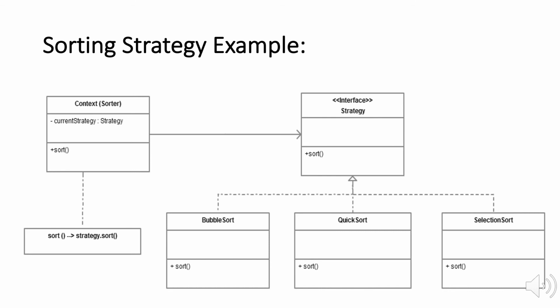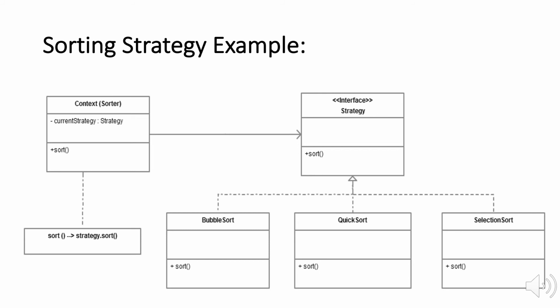So the basic UML representation will be this way: we firstly have to design the generic interface for strategy, which is the strategy interface. It will define the default behavior or the default functionality for all strategies. Inside this we have the signature of a sorting method, and then all the possible algorithms, the possible methods, will be the concrete strategies.